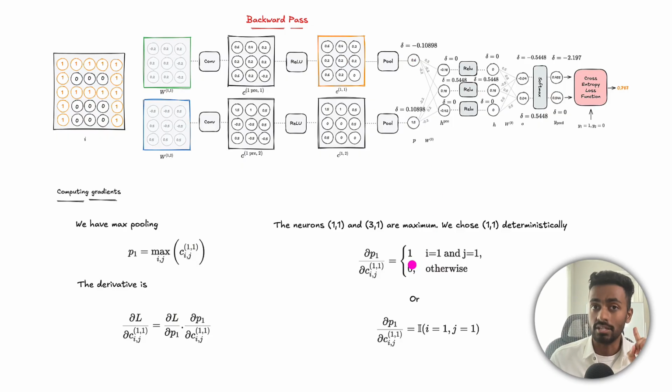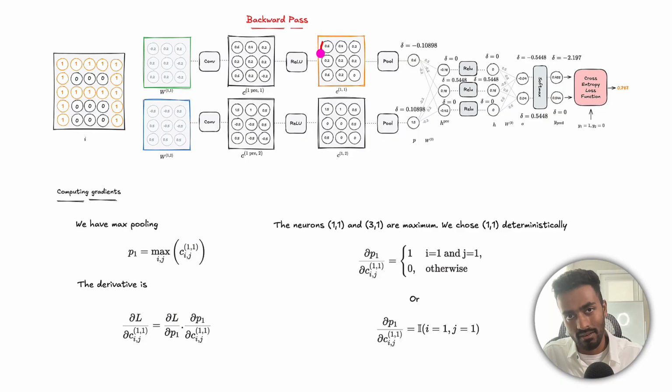It's only going to change if we change the value that is actually maximum, and it'll change by exactly how much that is. So in this specific case, it's going to be this neuron, that's 1,1, as well as this neuron, which is in 1,3. They are maximum, and we'll just choose one of them deterministically.